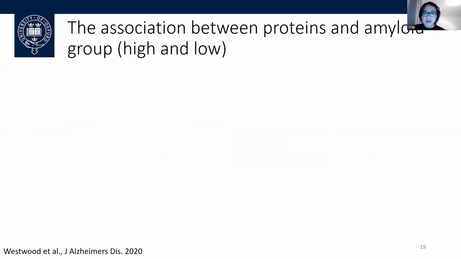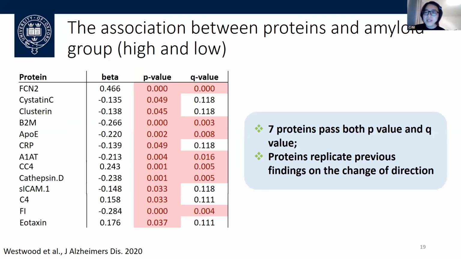After we got the results, we first analyzed the association of these proteins with the A-beta group. We used logistic regression, and we corrected for variables such as age, gender, and ApoE4 genotype. In this table, we found that 7 proteins passed both the p-value and the multiple correction q-value, which are highlighted in this table.